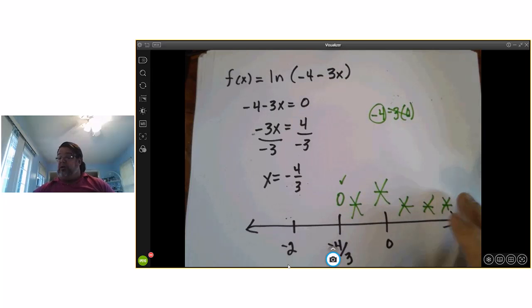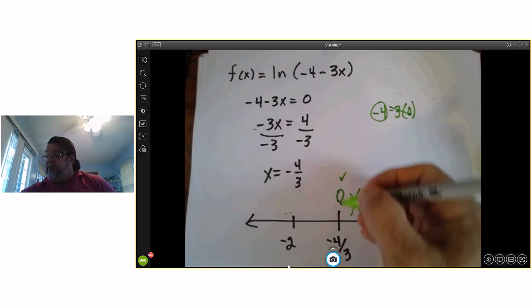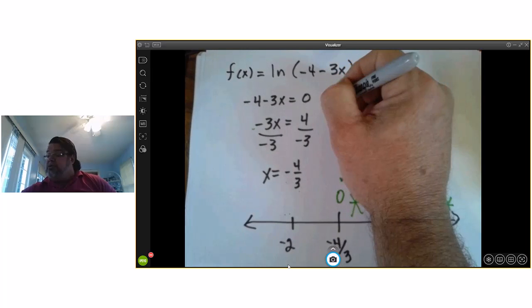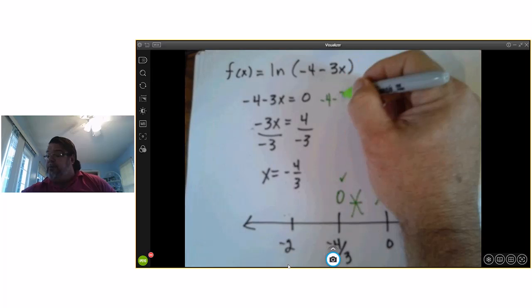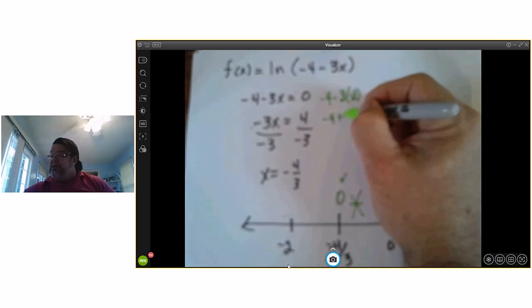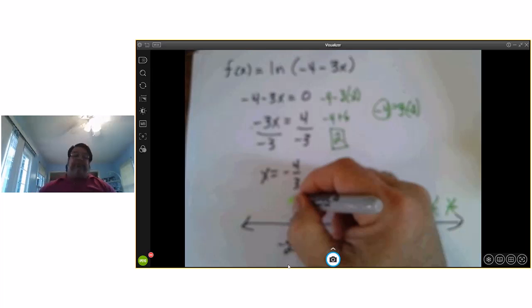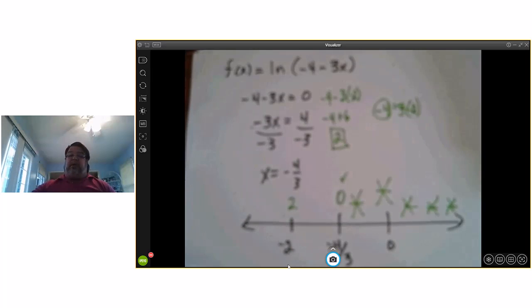So let's check the left-hand side. What happens when you plug in a negative 2? Negative 4 minus 3 times a negative 2. Negative 4 plus 6 is a positive 2. So a negative 2 will give me a positive 2.